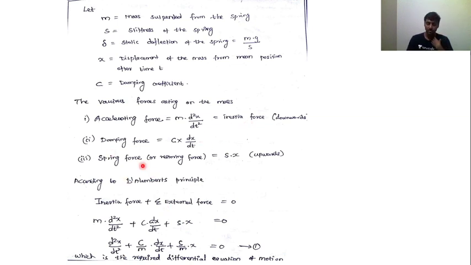According to the D'Alembert principle, the vector sum of all the inertia forces as well as external forces acting upon the system of rigid body is equal to 0. So, inertia force plus the summation of external forces. The inertia force is equal to mass into acceleration, m d square x divided by dt square, plus the external forces.